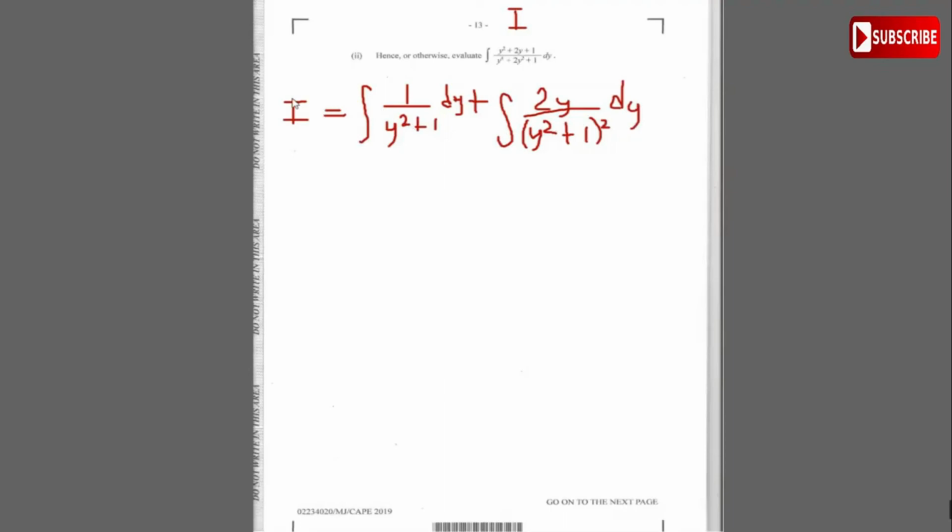We may proceed, and the integral of 1 over y squared plus 1, that's just tan inverse of y. You have to know those by heart. This is just tan inverse of y. That's integration by recognition. Plus, now to do the integral of this part, what you're going to have to do is some substitution. I want you to call u y squared plus 1.